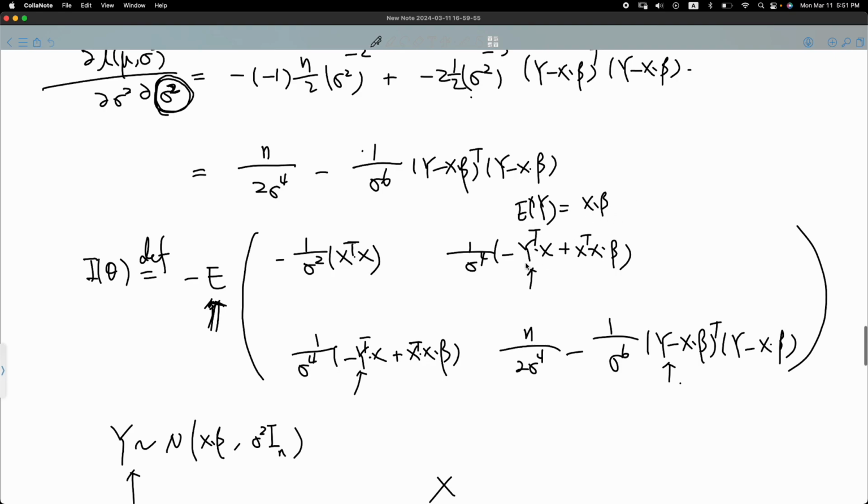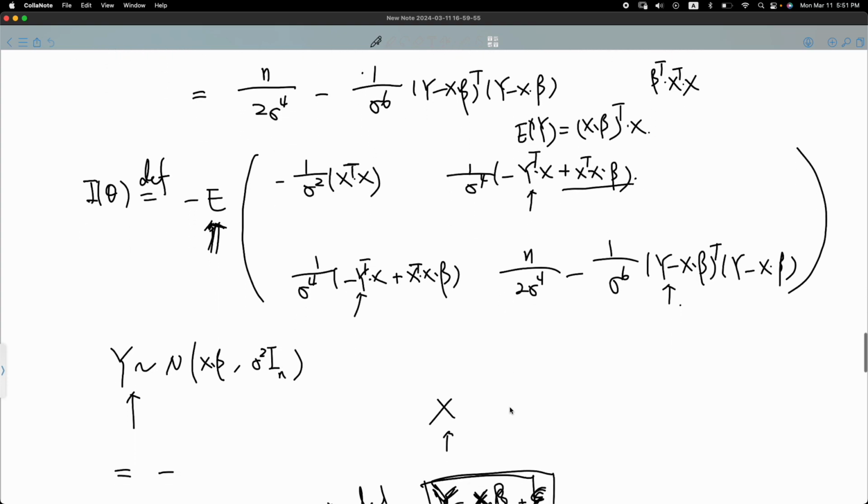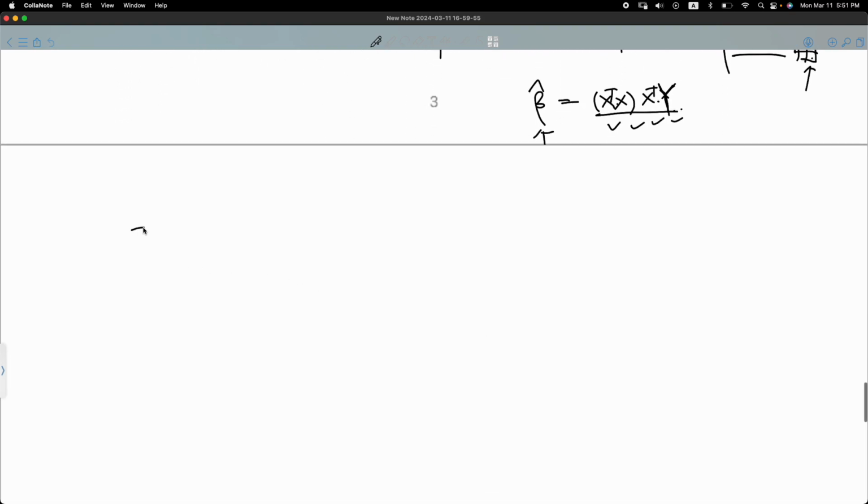In the end, you will have x beta transpose, and then multiply by x. So you have beta transpose x, and that is the same as this one. When you evaluate the expectation for the Fisher information matrix, these two become 0.